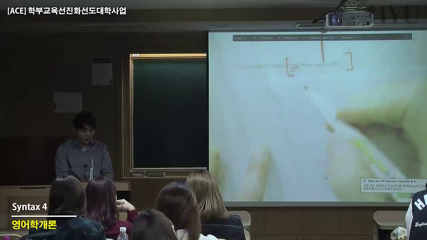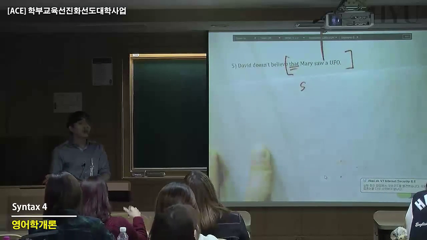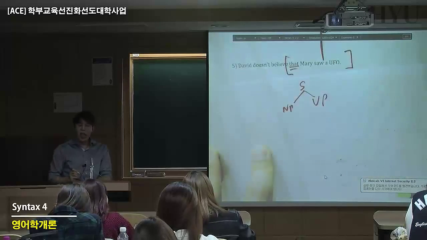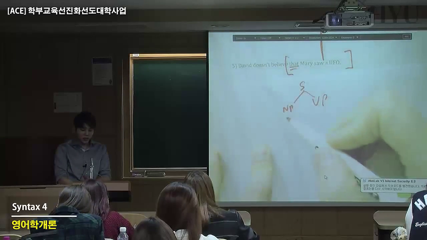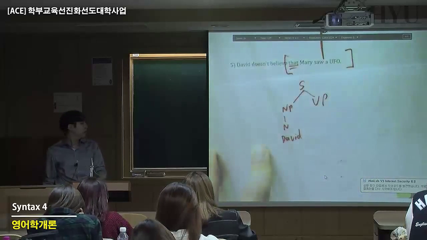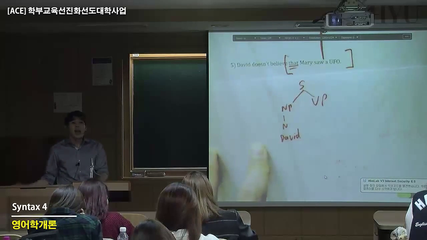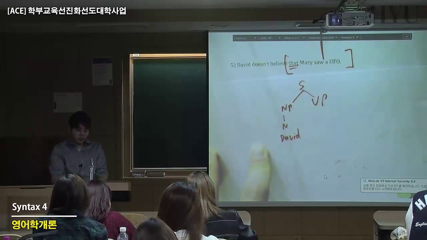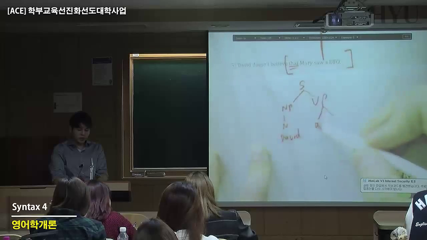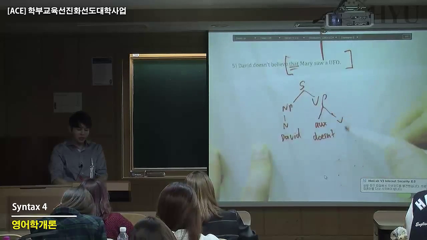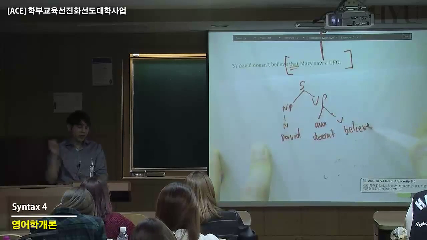S, the main clause, goes to, again, NP and VP. And then in the main clause, you have the noun David, like that. And then the main verb is believe, right? So you have aux, doesn't, and then the V being believe.